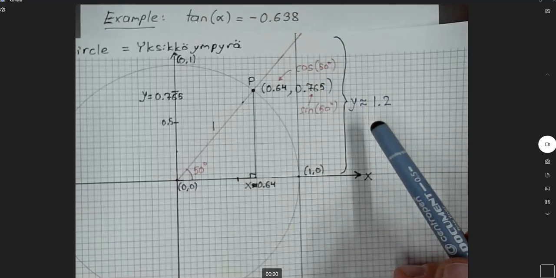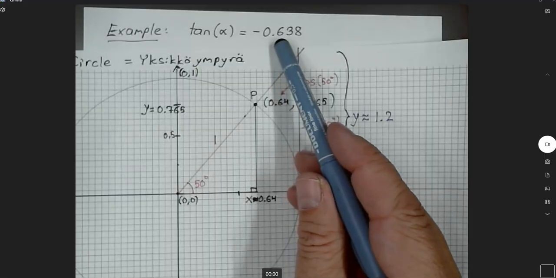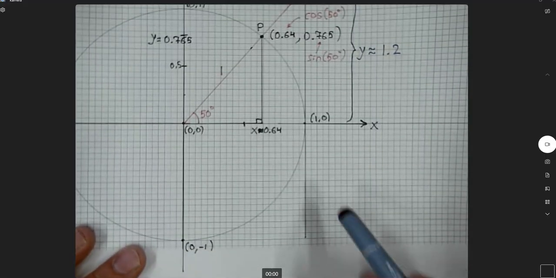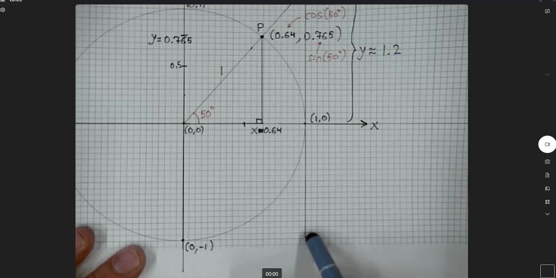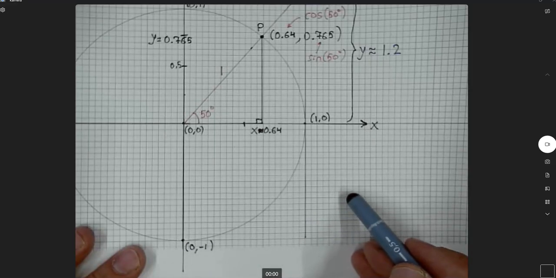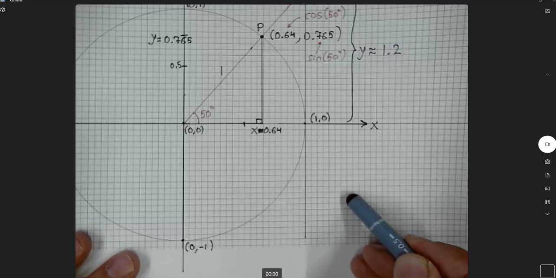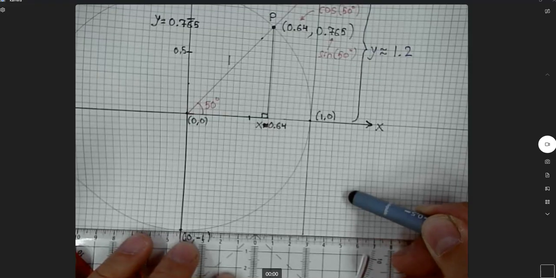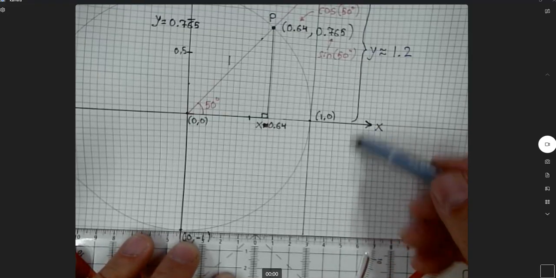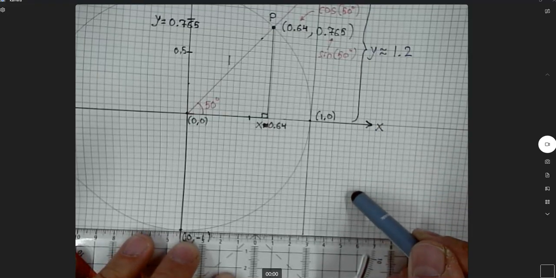So when we have the value of minus 0.6, that will be about, because this is minus 1 here, 0.6 would be about here. This is 1 unit, and 0.6 unit would be about here, I would approximate.